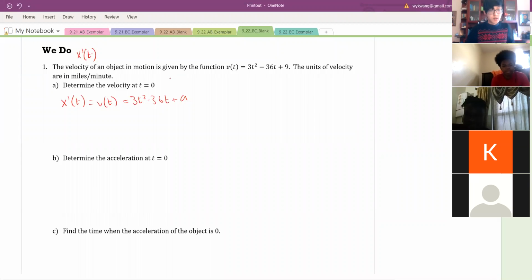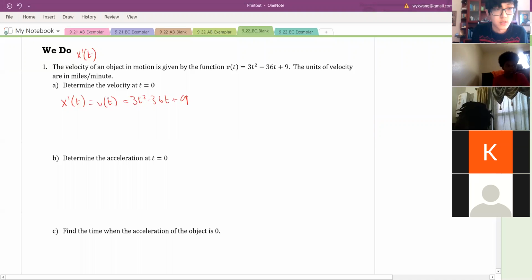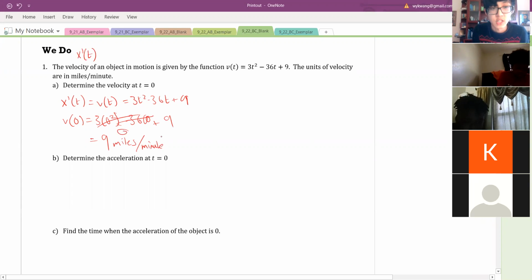This is already giving us a velocity function, so literally all we have to do is plug in 0. So v of 0 is equal to 3 times 0 squared minus 36 times 0, etc. These all cancel out, so it's just 9. We're told the units for velocity are miles per minute. Remember, the units for velocity are always a change in position, which is miles, over a change in time, so it's miles per minute.